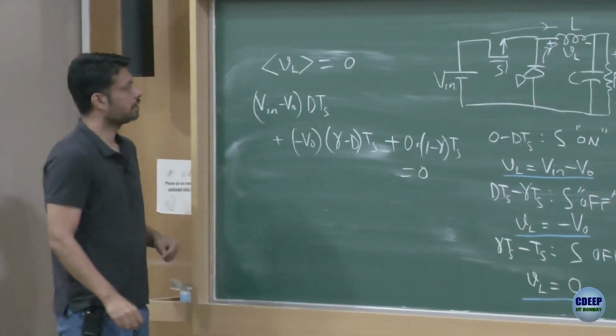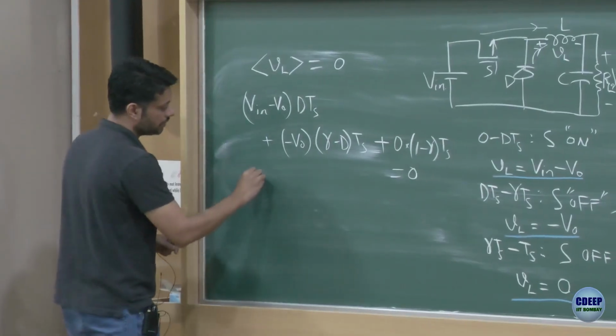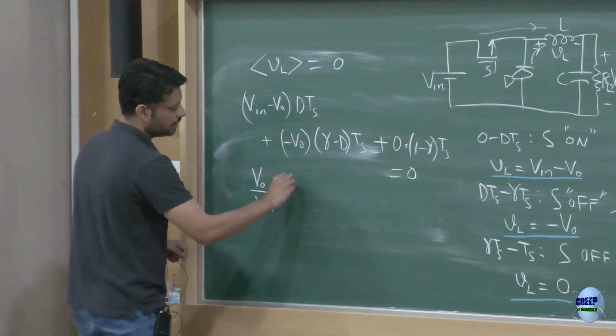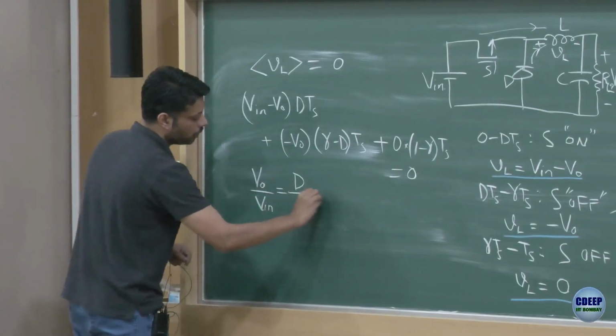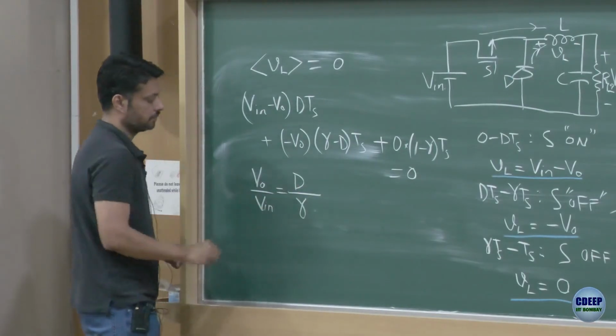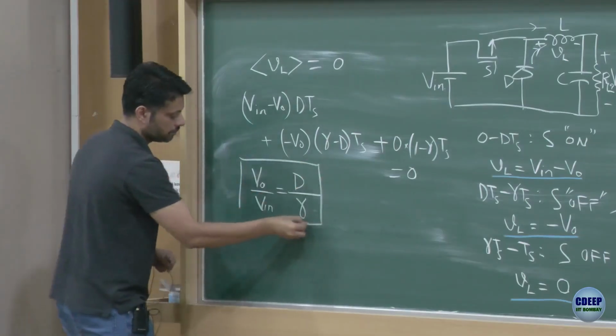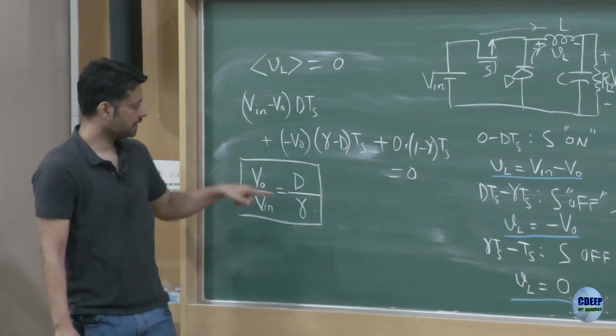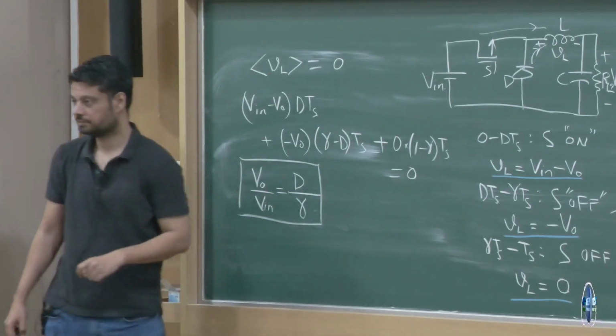If you solve it, you would get VO by Vin is equal to d upon gamma. Try to solve it, see if you get it or not.